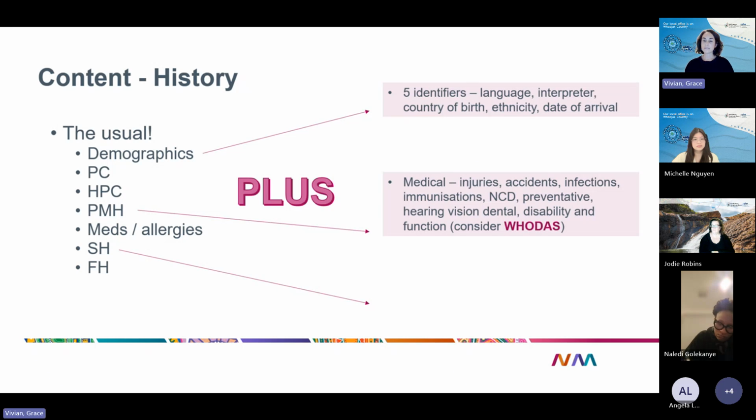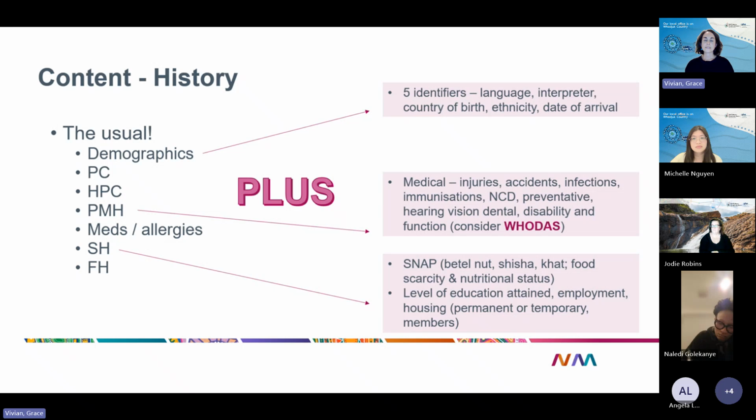In our social history, there's other things we want to ask about as well. So in addition to SNAP, under alcohol and other drugs, we might want to consider betel nut, shisha, and khat. We might want to think about food scarcity and nutritional status. This is really common in our clients.